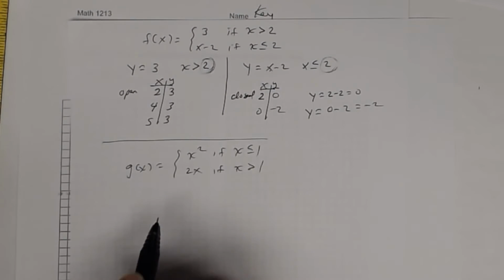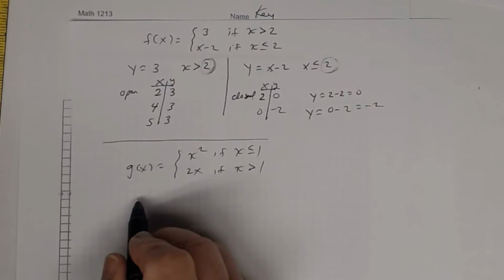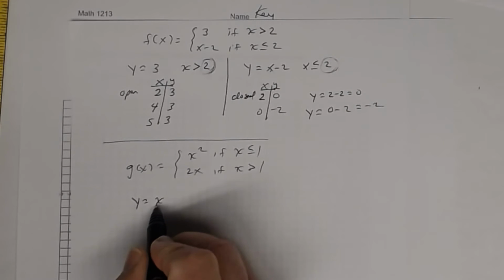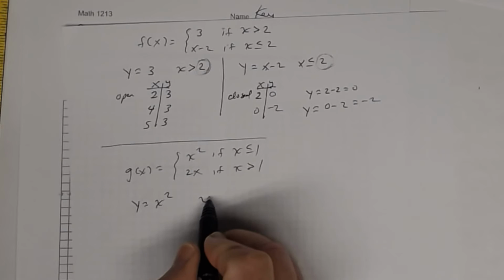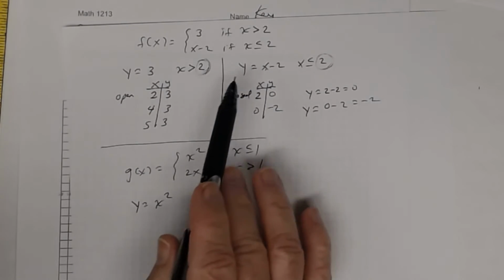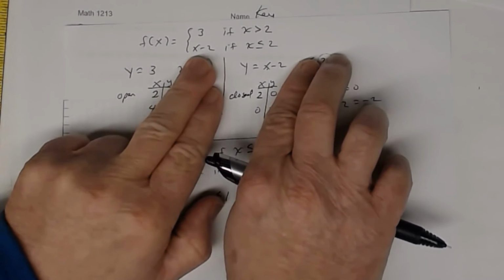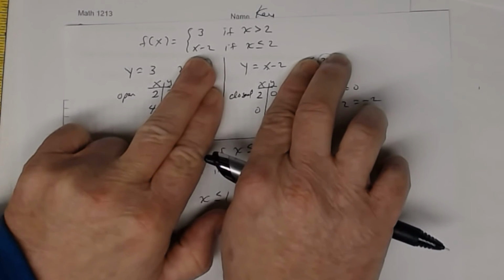Just like we did in the previous problem, we're gonna look at each individual part. So y is going to equal x squared when the domain is less than or equal to 1. And so let's go ahead and do that. Now notice that in the previous problems, if you did not look at the restriction, if the domain was all real numbers for each part, those are lines.